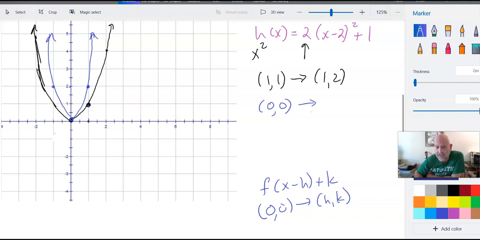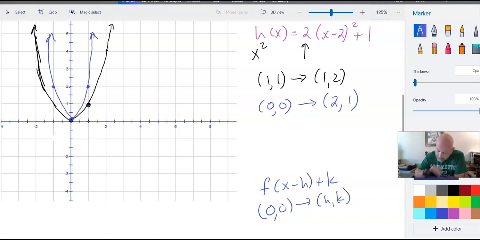Okay, so if this one doesn't have a negative and this one does, what that means is those are opposite signs. So here, this is x minus 2, which means h is positive 2. So now we're at positive 2. And the y-coordinate stays the same, right? It's plus k, and this is a positive k also. So those are the same sign. So the x values are the opposite sign, and the y values are the same sign.